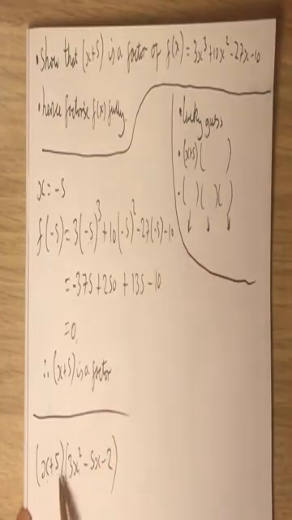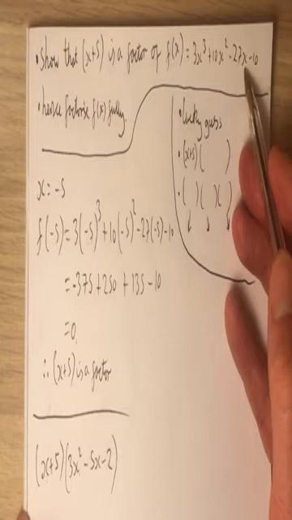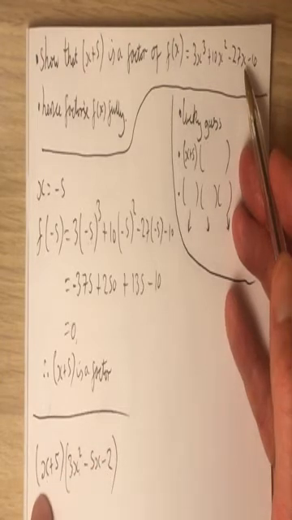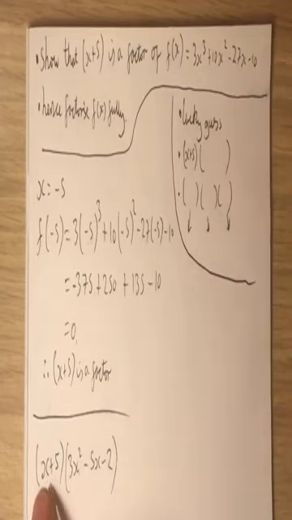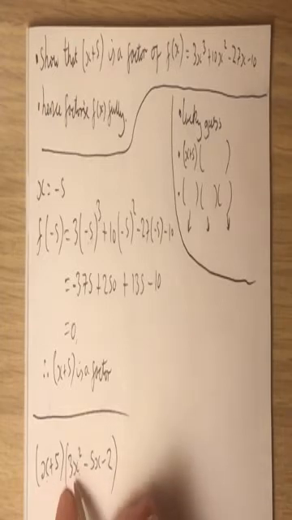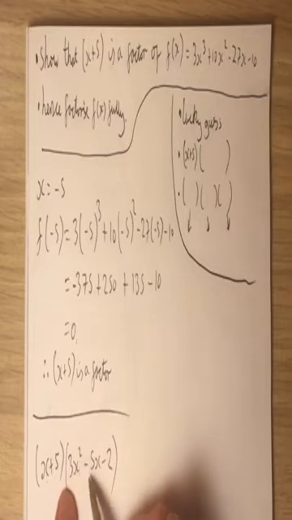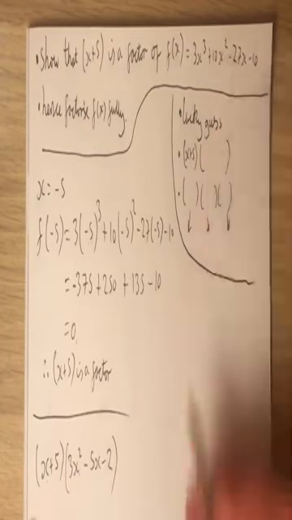Because then 5 times -5 gives me -25x, and the other -2x comes from here. Another way to look at it, if you have x times -5x, you've got -5x squared. 5 times 3 is 15x squared. So 15x squared take away 5x squared gives me the 10x squared that I wanted there.